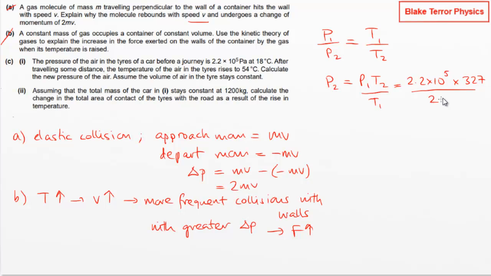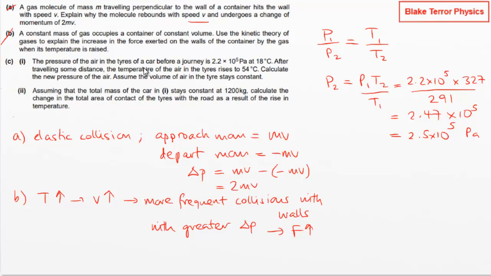Tapping all of that in, we get 2.47 times 10 to the 5. So let's say 2.5 times 10 to the 5 pascals.